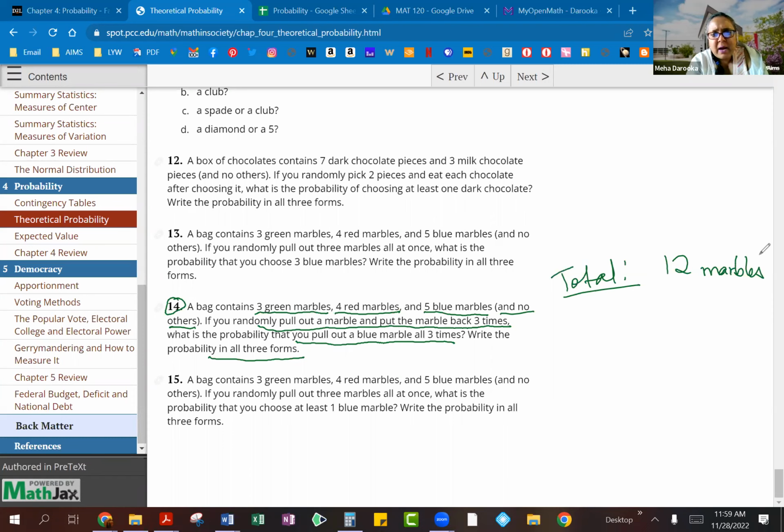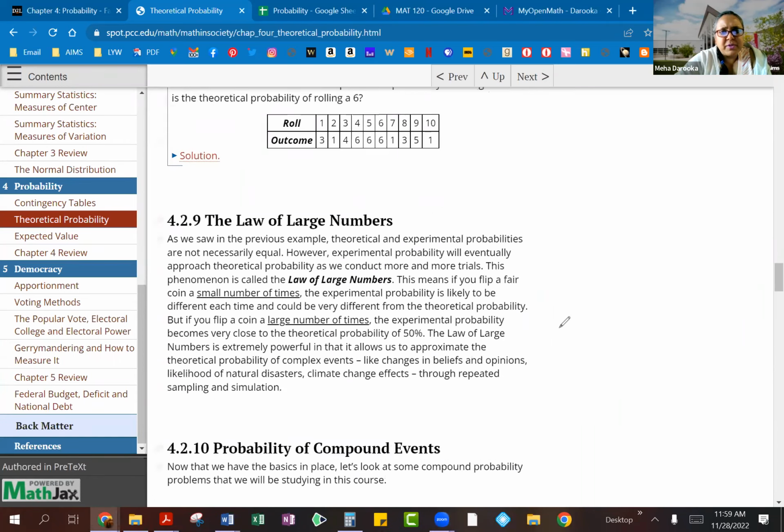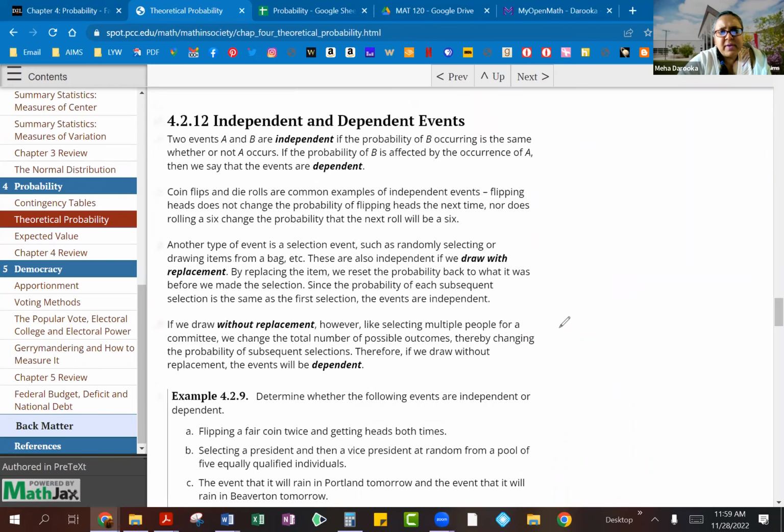So let's talk about, since you are doing this with replacement, what would that look like? Just to go back up to our independent and dependent events, when we are talking about with replacement, you're looking at this guy over here. So your events will be independent because you are replacing the item that you take out of the bag.